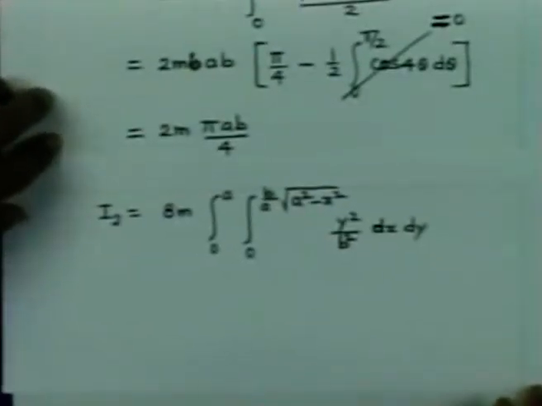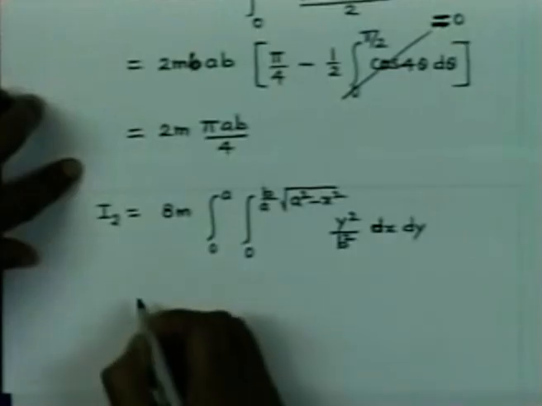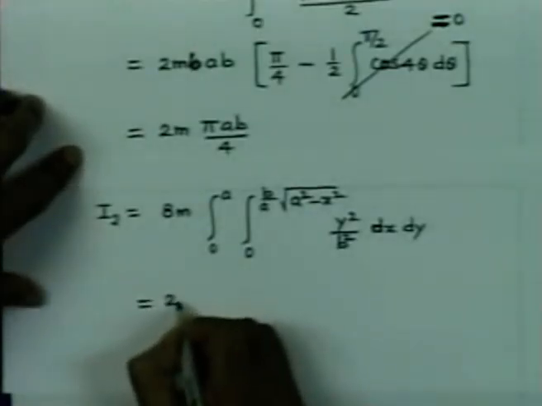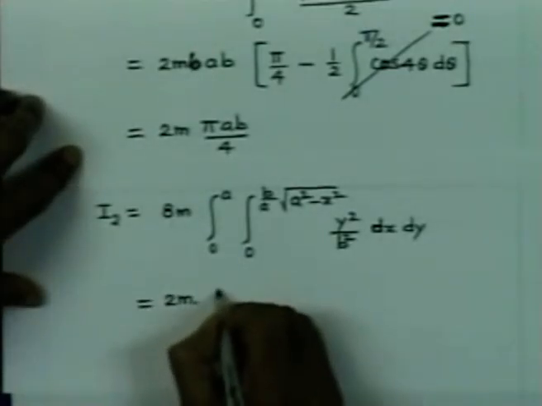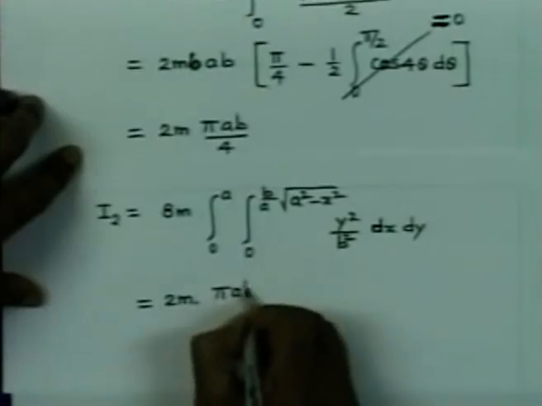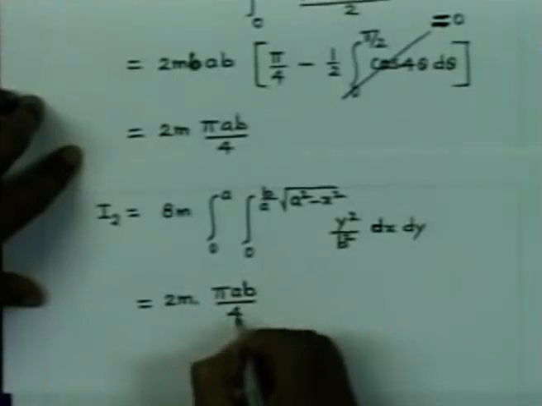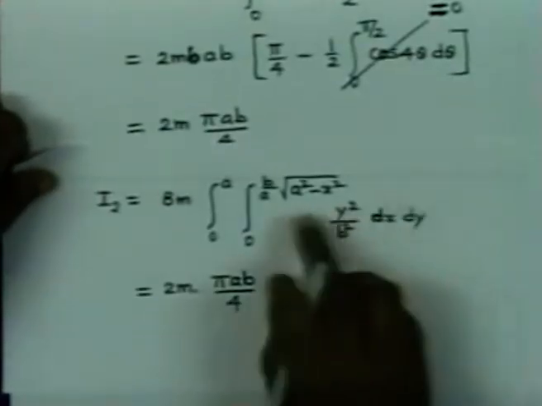Here also we can proceed in a similar manner, and this is going to give us 2 times m, again pi a b by 4. So, the detail you can work out.